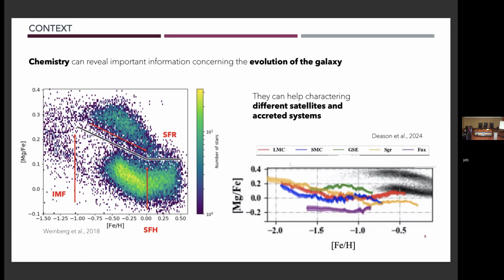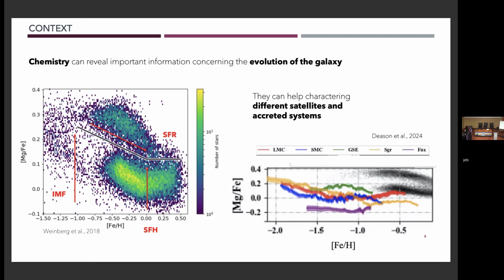Then the decline of this ratio, which basically marks when supernova type 1a overcome core collapse supernovae, reveals information about the star formation rate of the galaxy, because this is what we call the knee, which can happen at different metallicity. Happening at different metallicity, we can derive the properties of the star formation history of the galaxy itself.